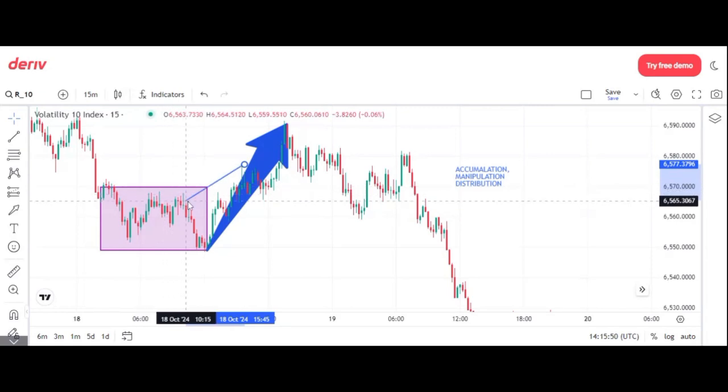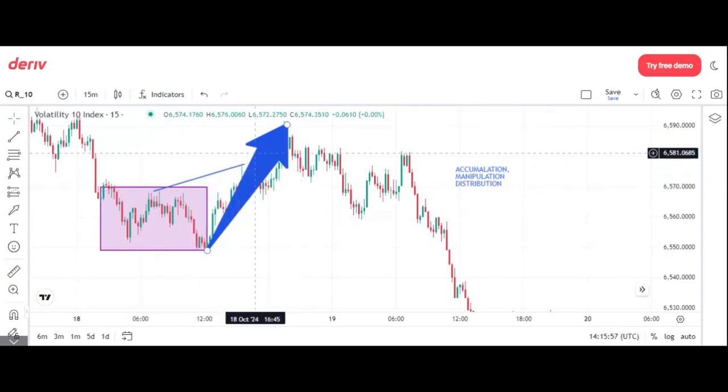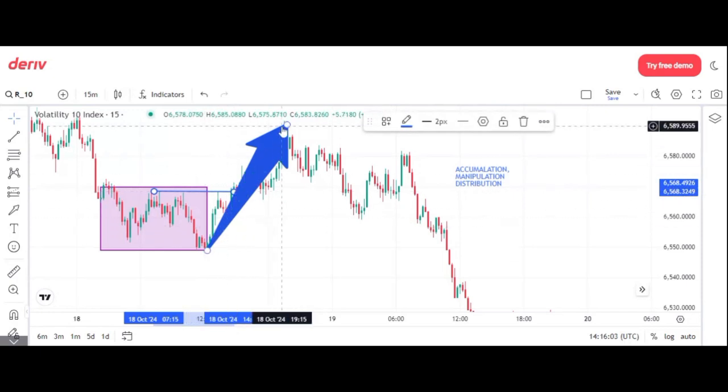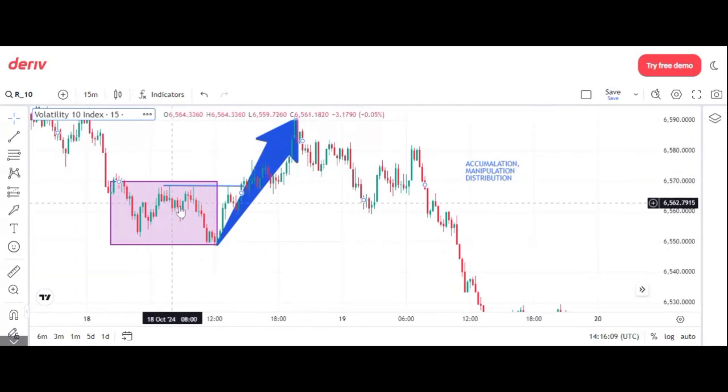So with that knowledge, after the manipulation, you can see at this area all the liquidity points, all the liquidity zones were swept away, because if you are putting your stop loss, you place it just on the recent high on the left side.